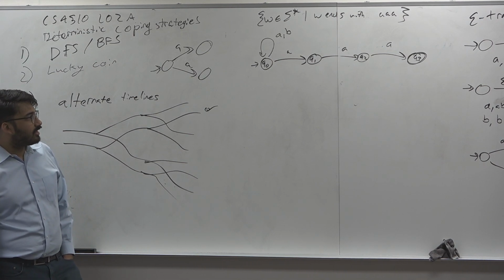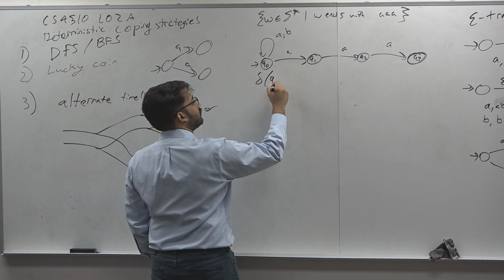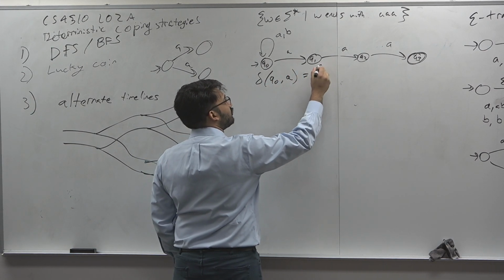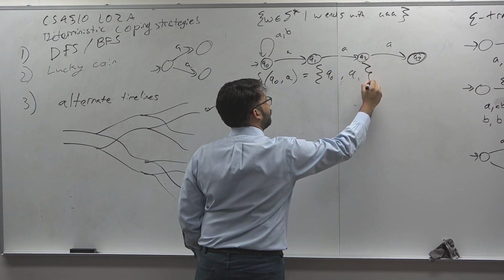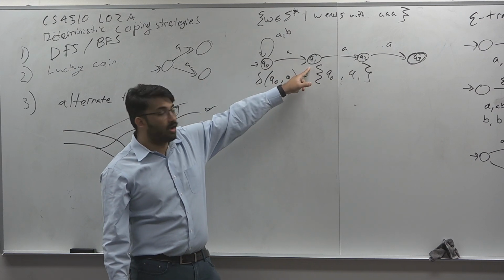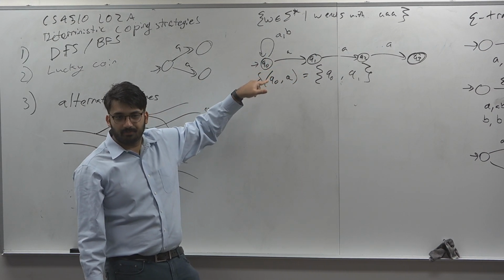Now, why is this non-deterministic? Because delta of Q0, A, besides the fact that it is implicit reject, would be the set Q0 and Q1, right? Because upon reading an A, you could go to Q1, or you could stay in Q0. So you have the non-deterministic choice of those.